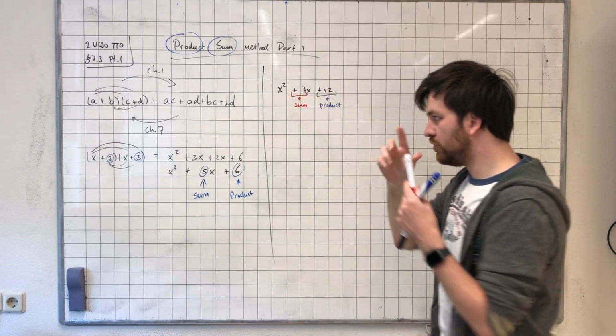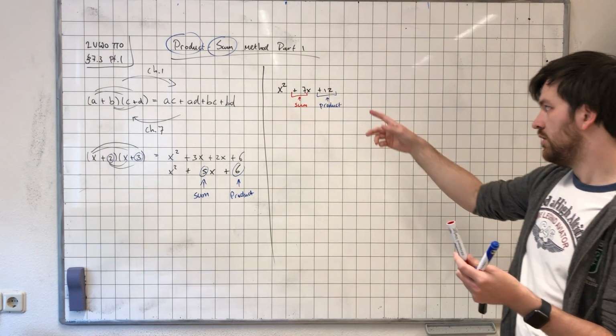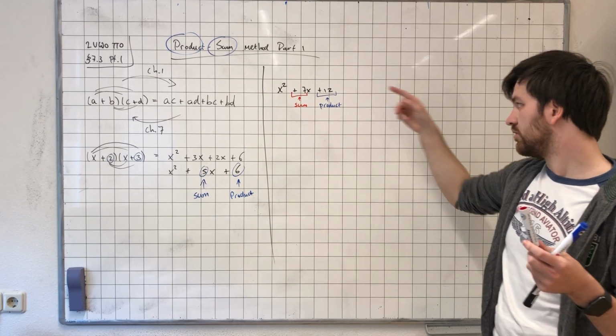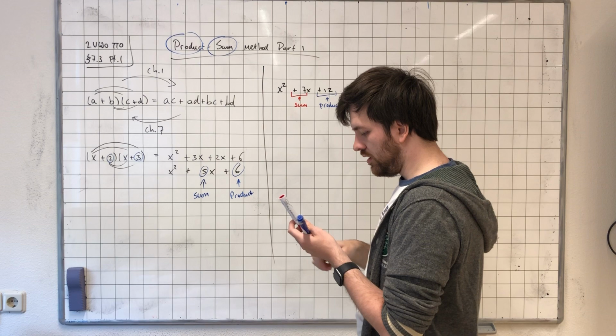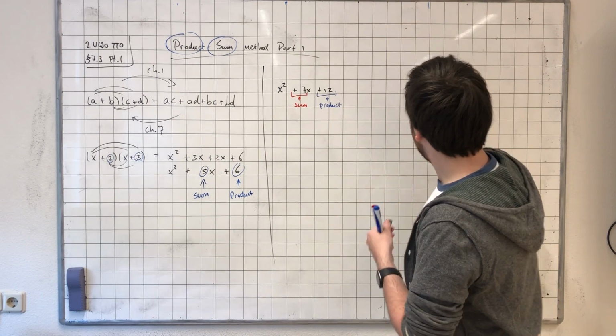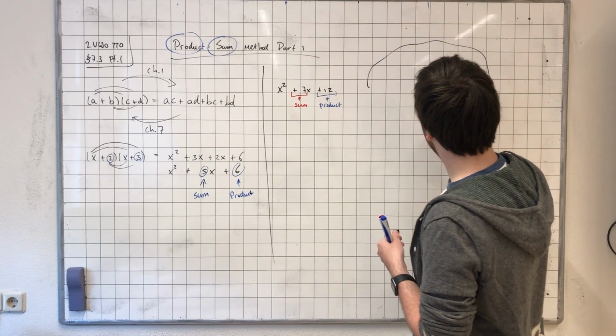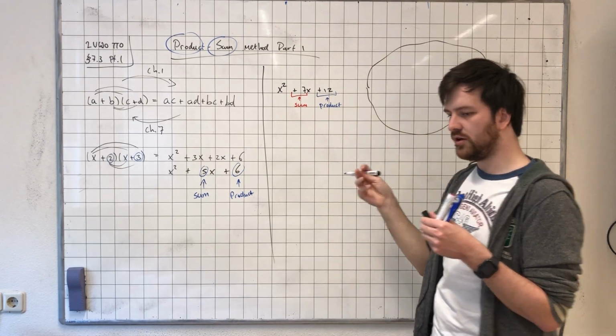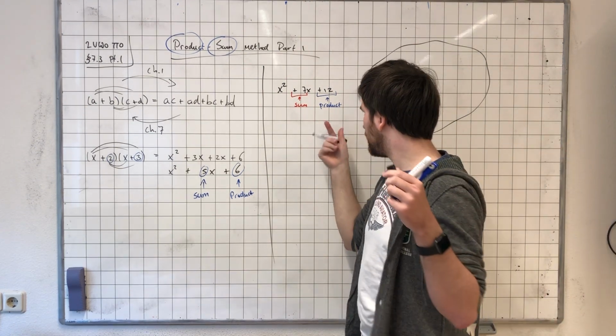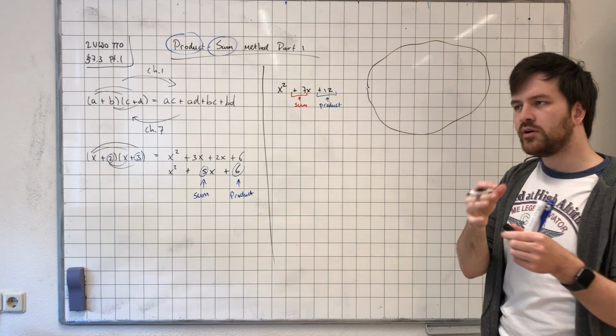So we're looking for 2 numbers, which if we multiply them gives us 12, and if we add them, we'll get 7. So this is basically what should be happening in your head. Some people like to start with the sum, but I always want you to start with the product. So think about, how can we find 12?